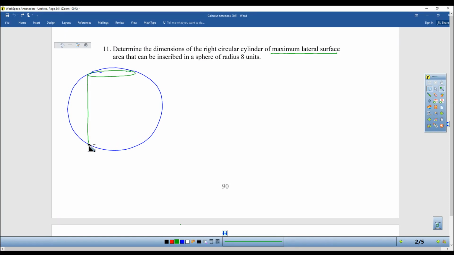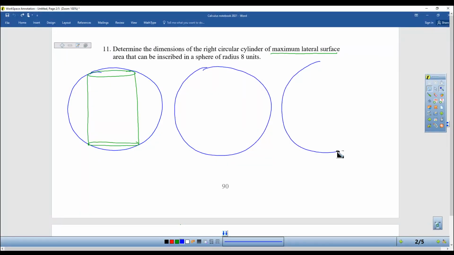Inscribed means that it touches. It's going all the way to the edges of the sphere, not just floating around somewhere in the middle. That's not inscribed. So of course, this is just one way to draw it. Another way to draw it. So I'm going to try and draw 3 identical spheres so that you understand this concept.